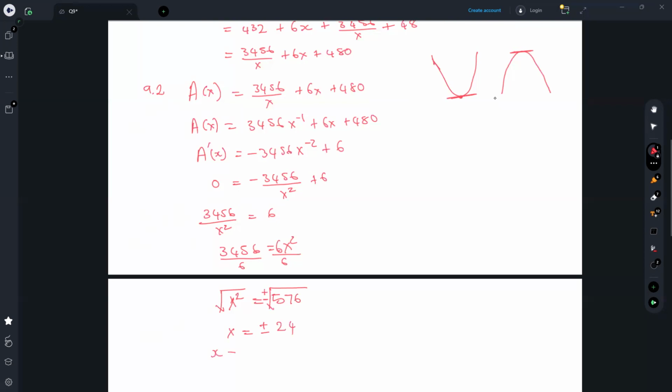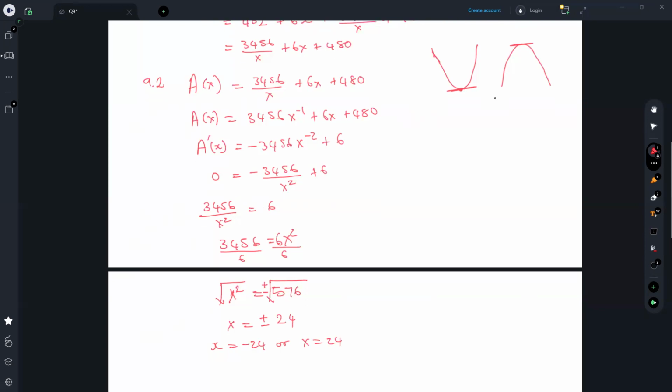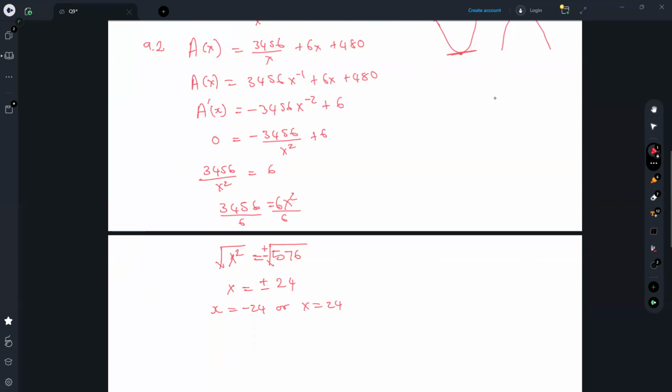This means that one of the x values is negative 24, or the other x value will be a positive 24. Like I said, we cannot have a negative value for distance. Yes, this is a solution, but for all practical purposes here, it cannot be negative. So we're going to say, therefore, the value of x should be 24 centimeters, such that the area is at a minimum.